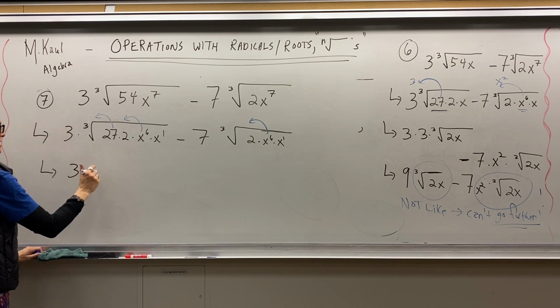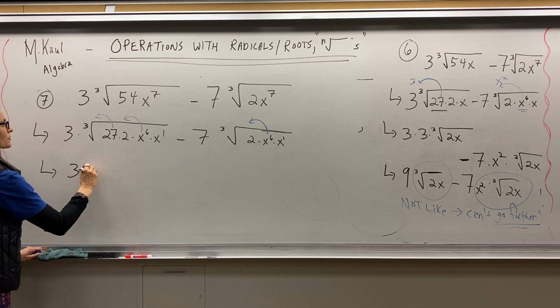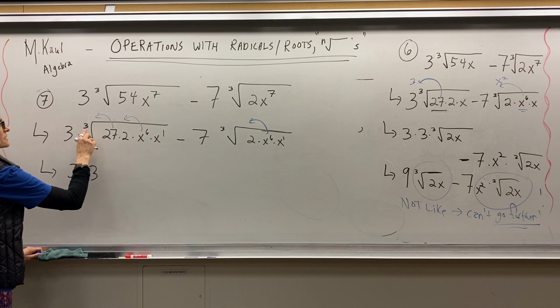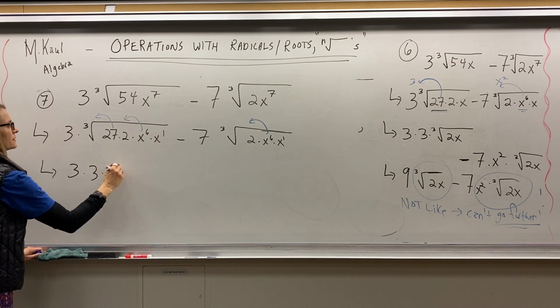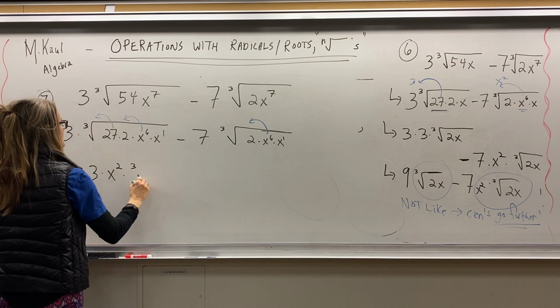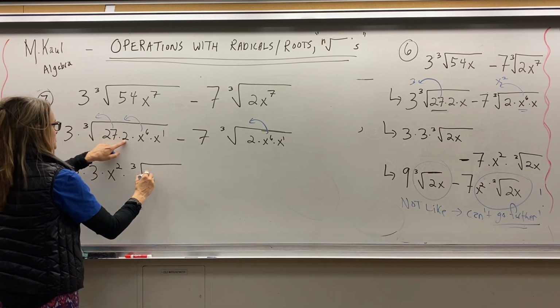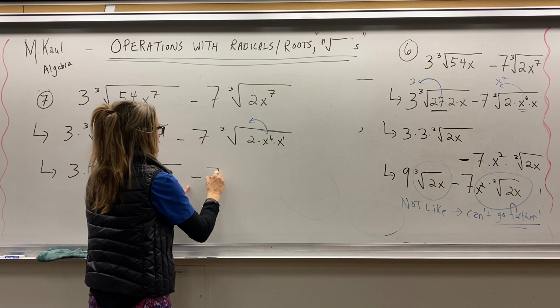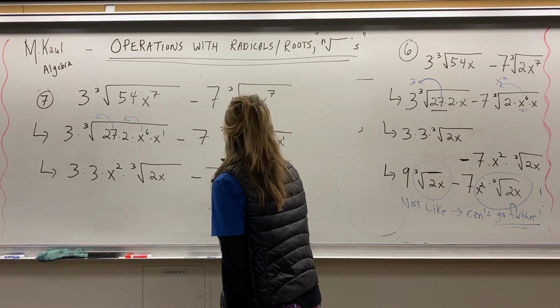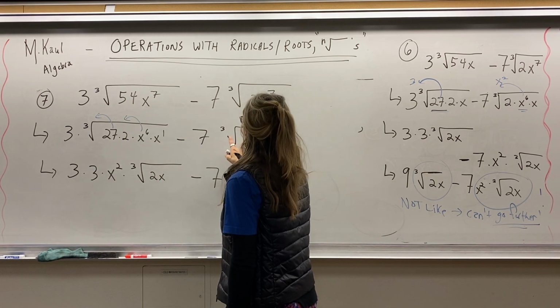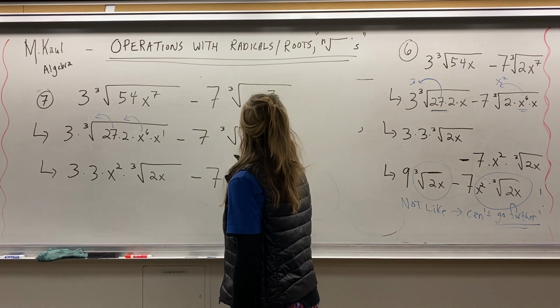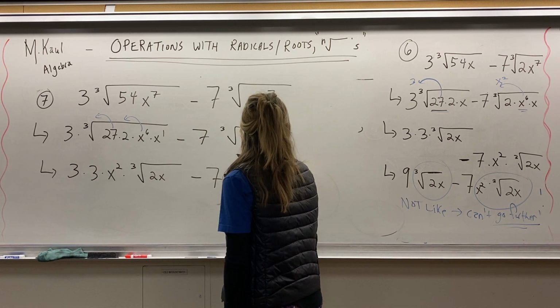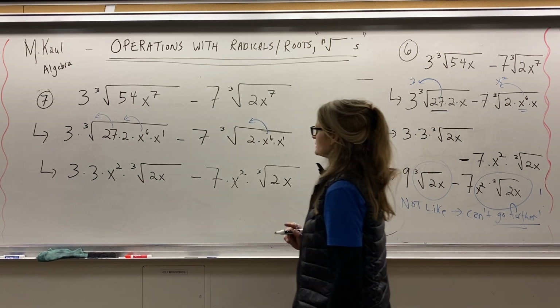Okay, so 3 times, this becomes 3, and x to the 6 divided by 3 becomes x squared, and this becomes times cube root of 2x. All right, minus 7, and this becomes times x to the 6 divided by 3 is x squared times the cube root of 2x.